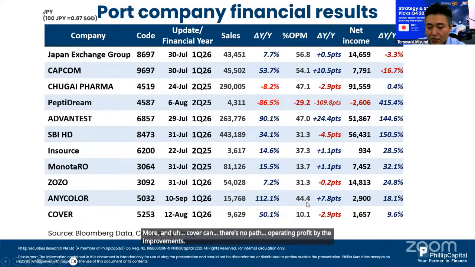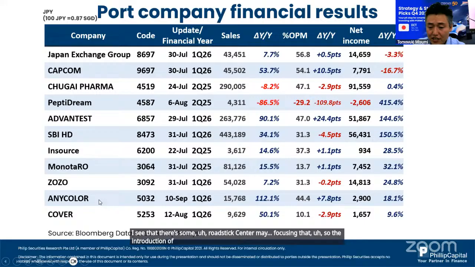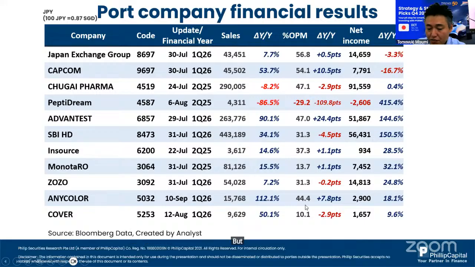I see that some company is focusing on logistics; they introduced a logistics center for selling goods, but the improvement of profit margin was not observed in the last quarter. Zozo's profit margin is also decreasing.